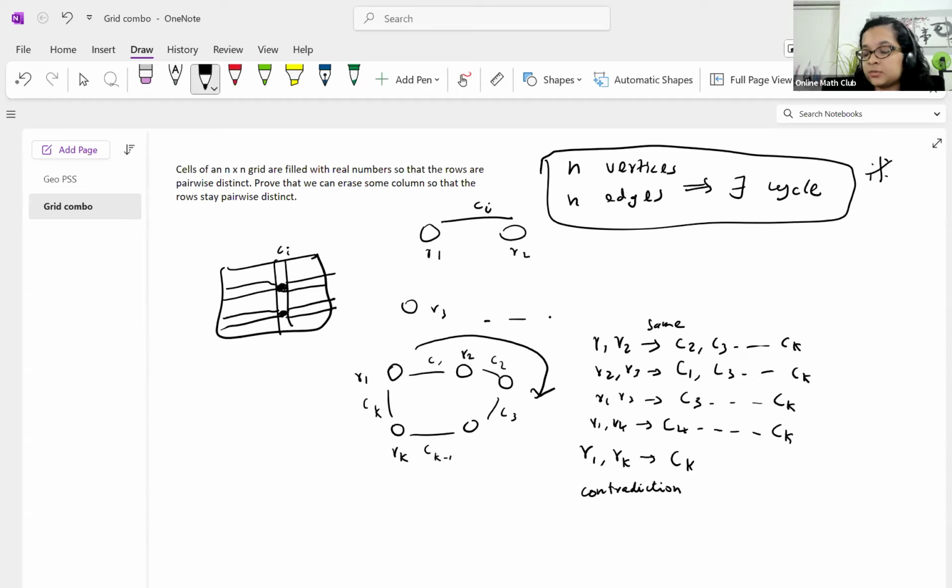So that's how you approach this problem. The main idea was you first assume contradiction because it seems like a neater way to go about this. And then you see that each column kind of corresponds to two rows. And you sort of want to form connections in that way. Say these two rows have this column which corresponds to them.